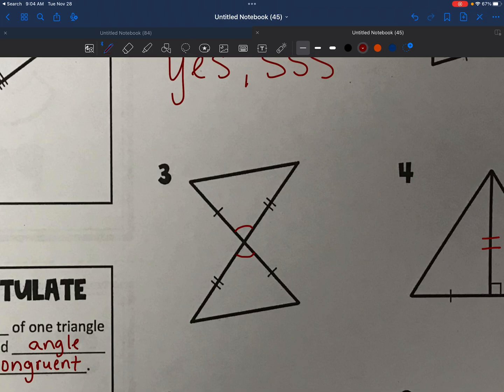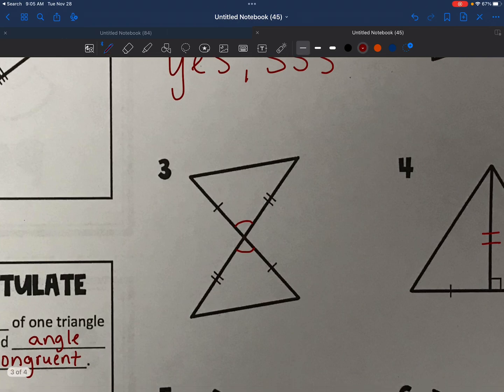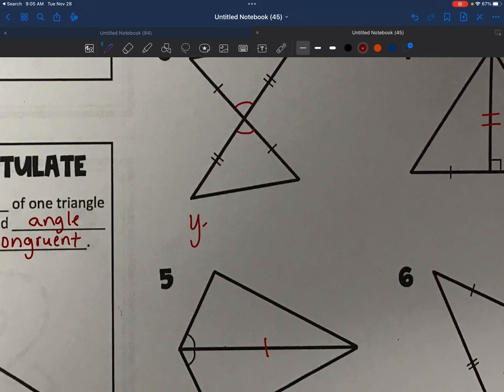We've already talked about that. How many times, even on yesterday's worksheet, did you see vertical angles? You guys can always tell me vertical angles are congruent every time, okay? So anytime we see that, we can go ahead and put those markings in. So now that I know that, is that the included angle here? Okay, so yes, this works for side angle side.